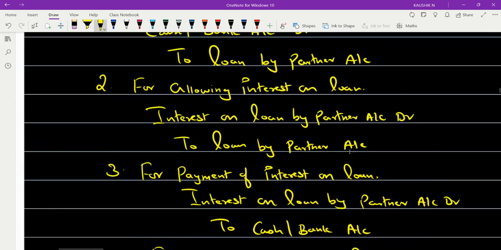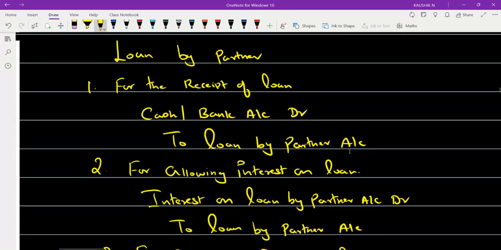These four entries, are you clear with it?